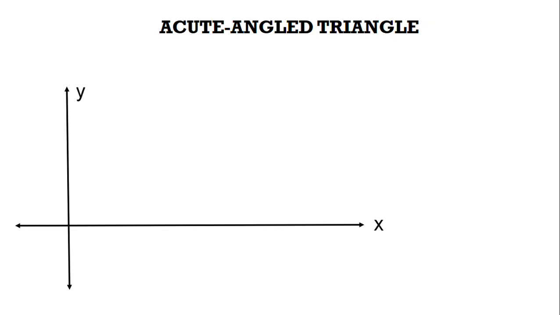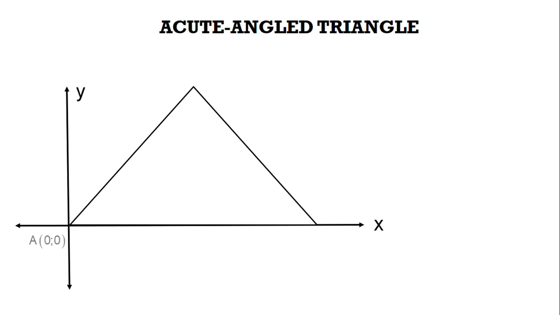When you are given an acute angle triangle, you are going to be presented with your triangle in a Cartesian plane, and normally it will be labeled with coordinates A, B, and C, or whichever coordinate.